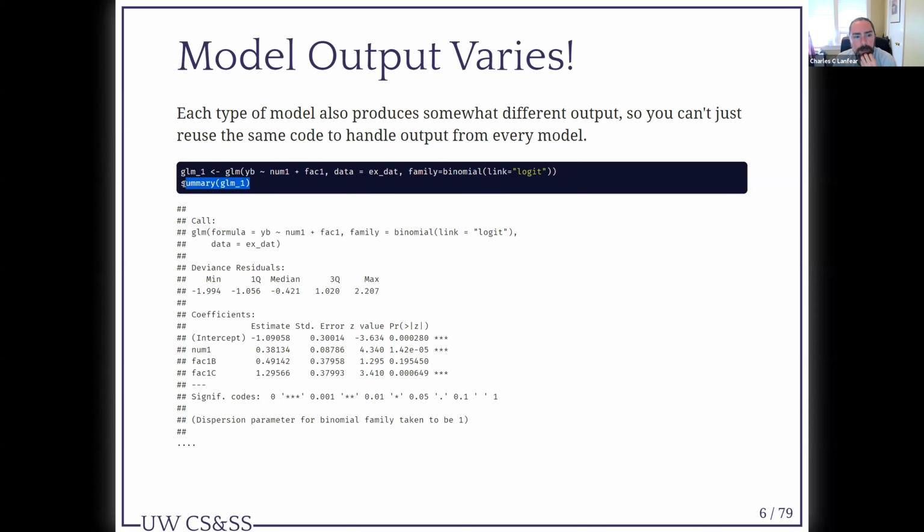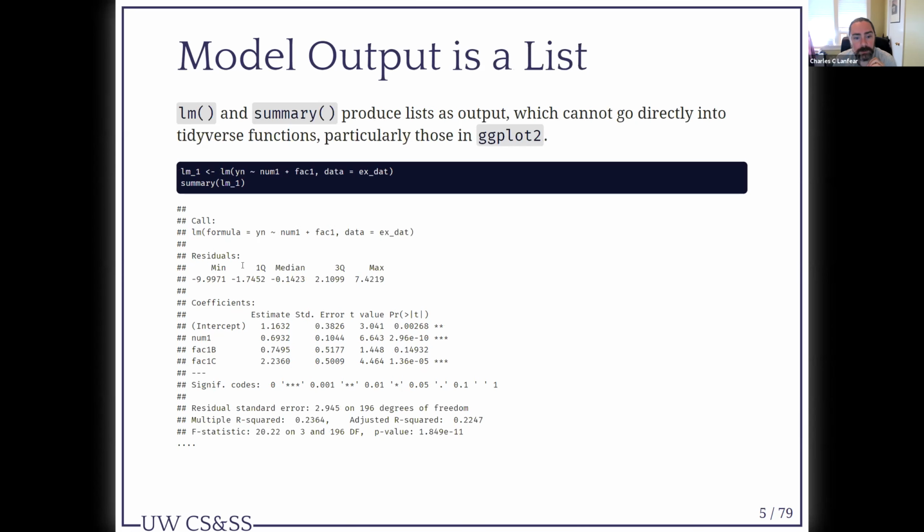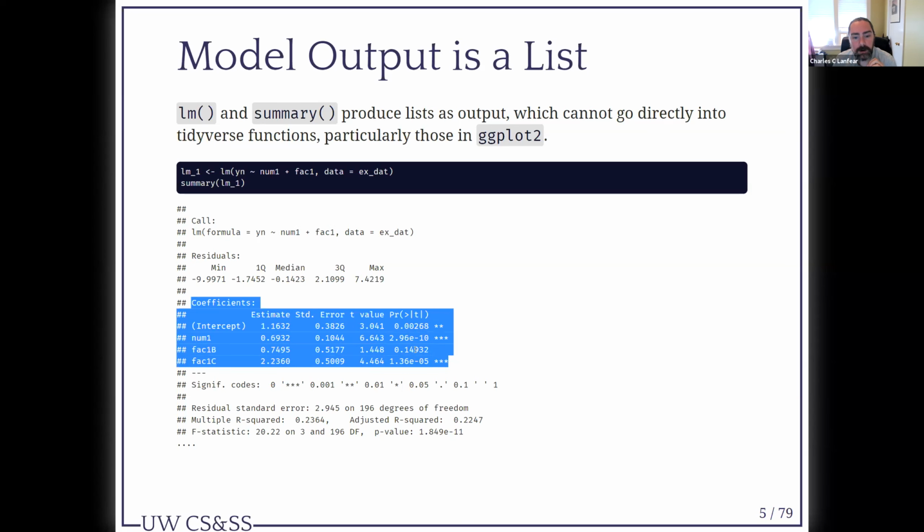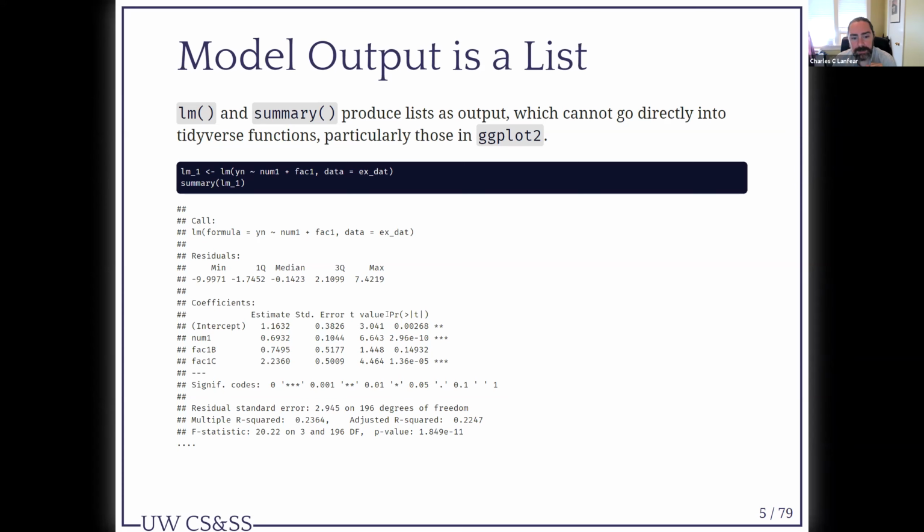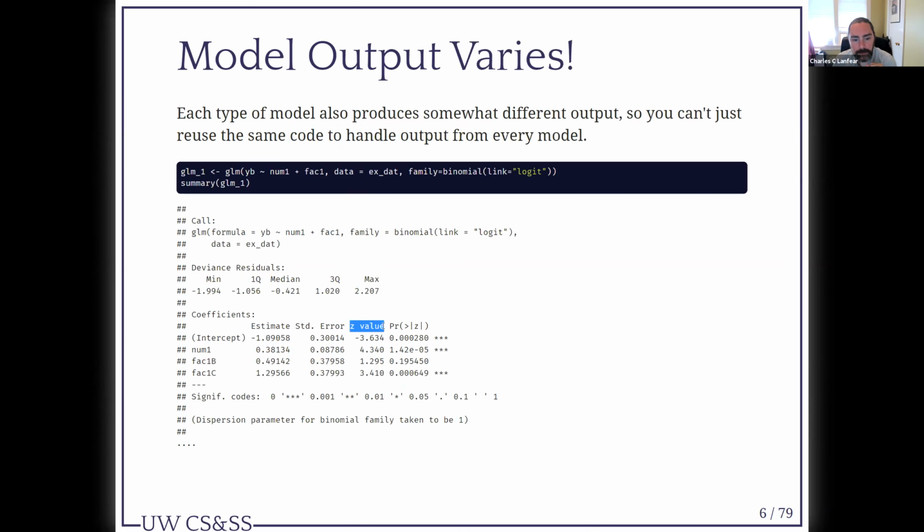If I get a summary on this, it looks pretty similar, but it is in fact not the same output as the prior slide. Some things you might notice that are different are that it says deviance residuals here instead of just residuals. In the coefficients pane down here, the standard linear regression says t value. For this, it is a z value, and it has a bunch of different information down here.